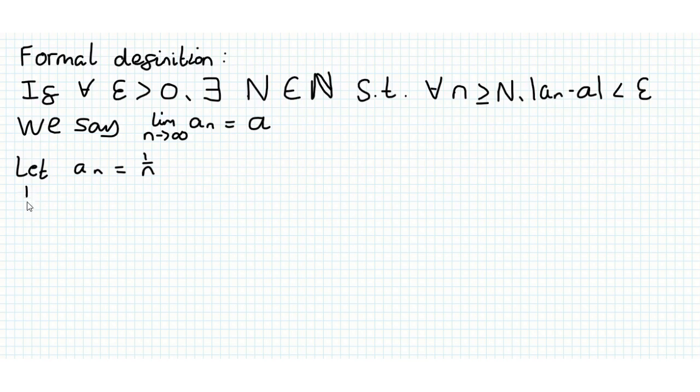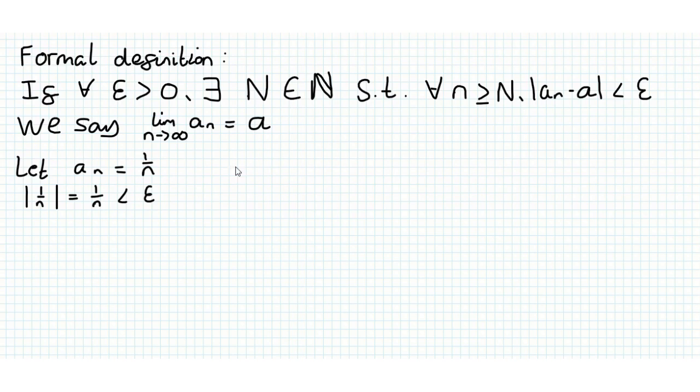So a_n's 1 over n, a is 0, so that's fine. Well, n's in the natural numbers, so this is just equal to 1 over n, and we want this to be less than epsilon.